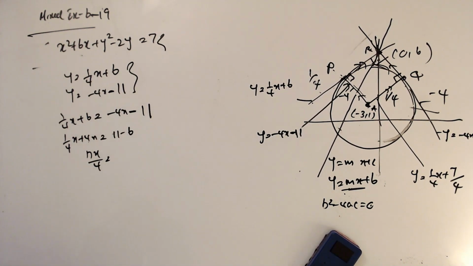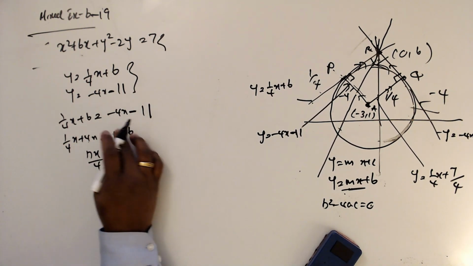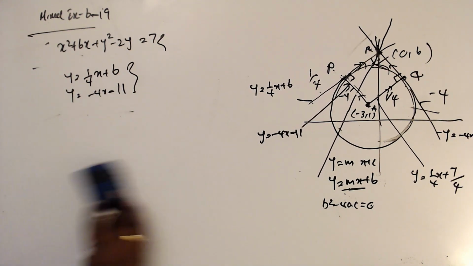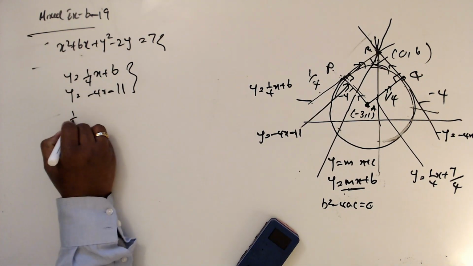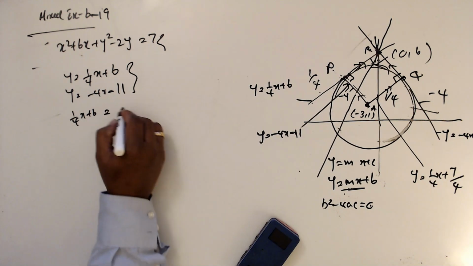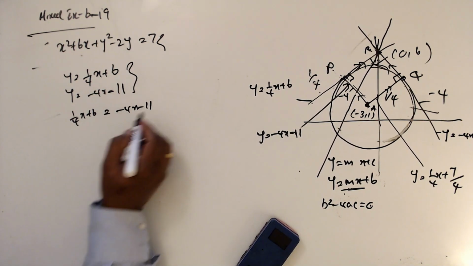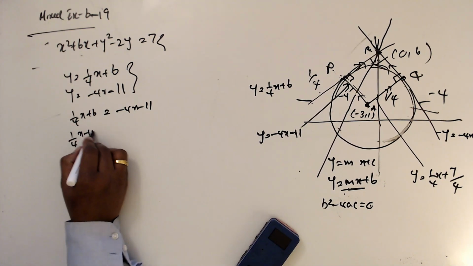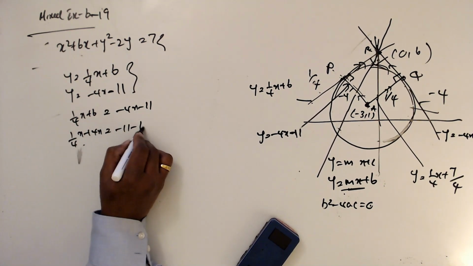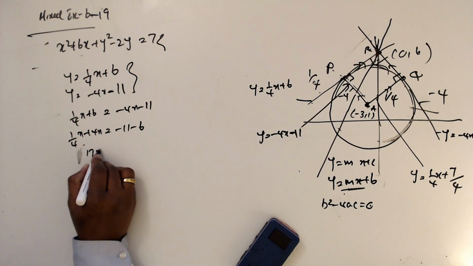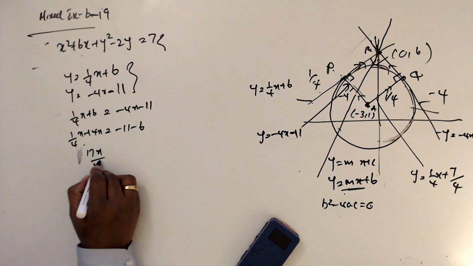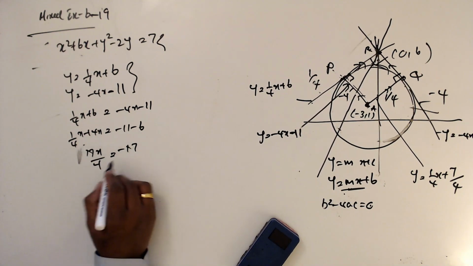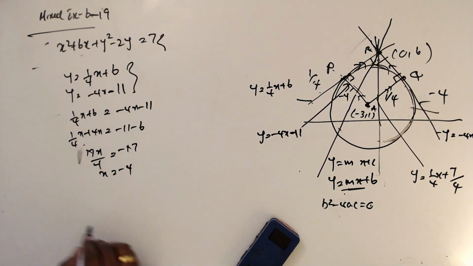Sorry. So 1 over 4 x plus 6 equals minus 4x minus 11. Then 1 over 4 x plus 4x equals minus 11 minus 6. So this is 17x over 4 equals minus 17. 17 and 17 cancel out, x equals minus 4.